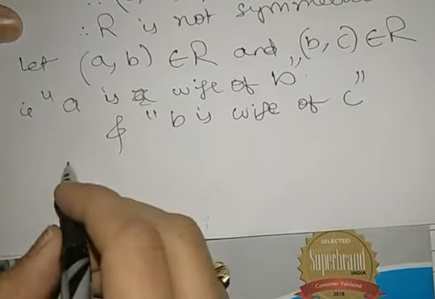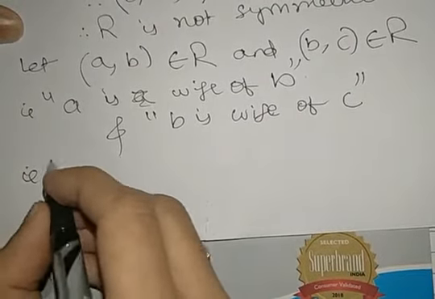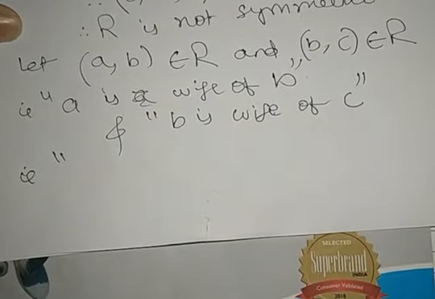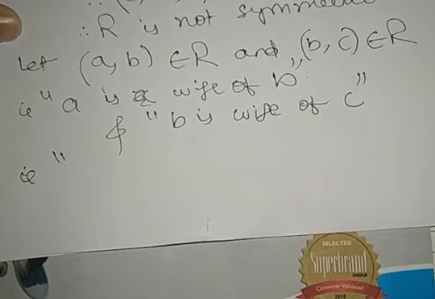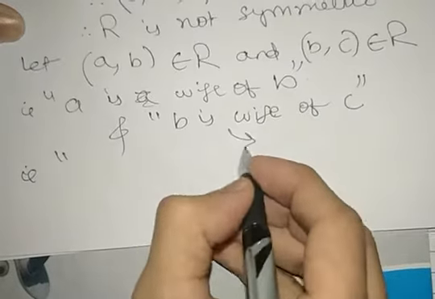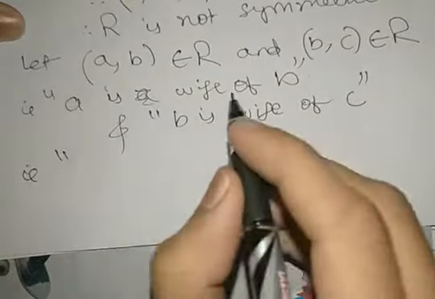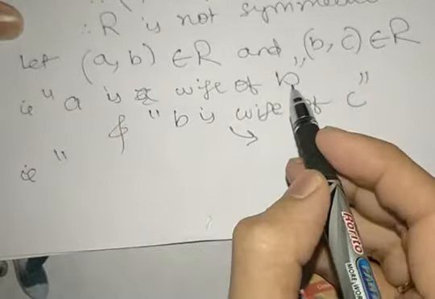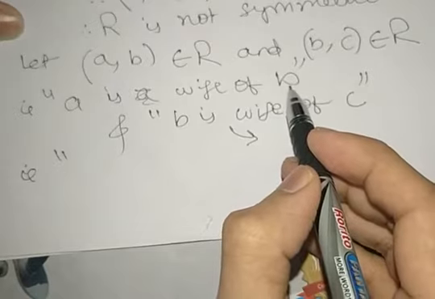So you cannot get A is a wife of C, that is not possible. In fact this is also not possible. A is a wife of B, so that means B is the husband of A. So B will be a male.